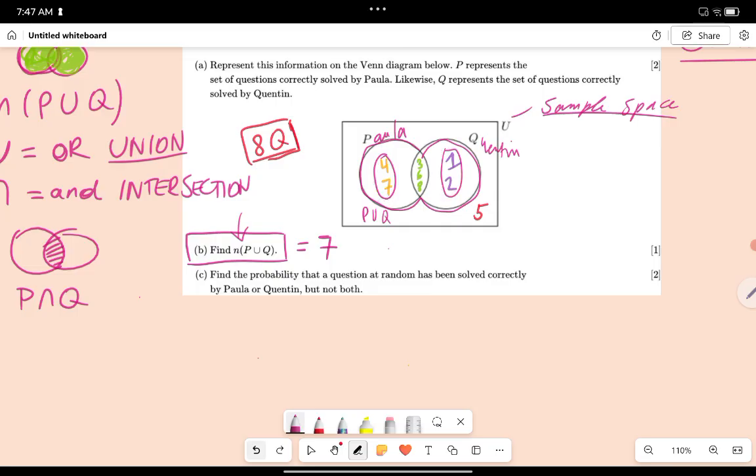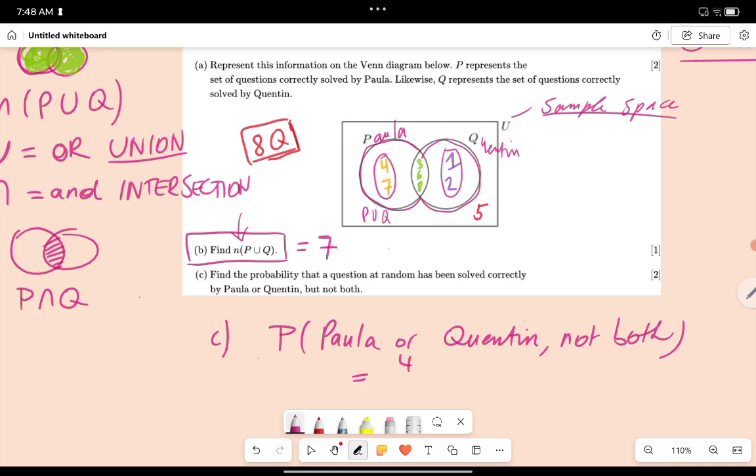So therefore, the probability of Paula or Quentin, not both, will be 4 questions out of how many? 8. So that is 0.5.